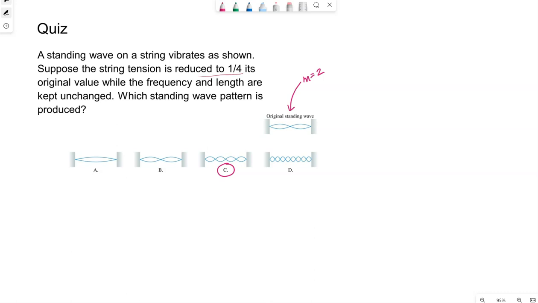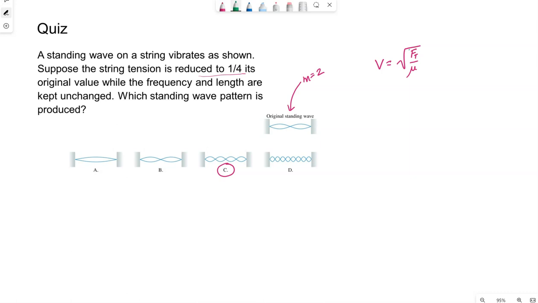By reducing the tension, sorry, I'm tired. Reducing the tension to 1/4 of its original value, we know that's going to change the speed. The speed of the wave on the string is dependent on the tension.